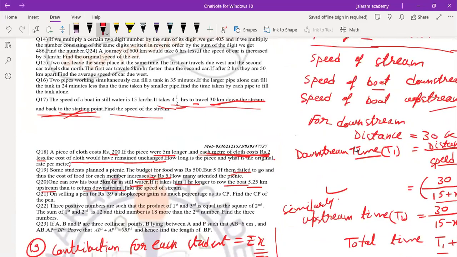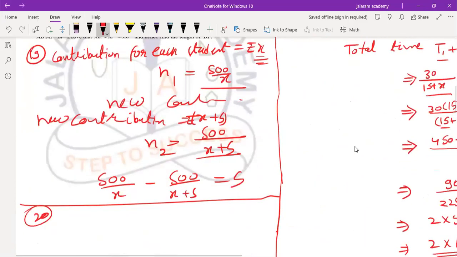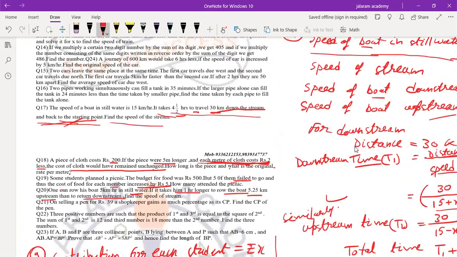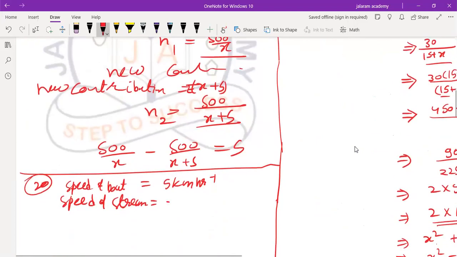The speed of boat is given 5 km per hour this time, and speed of stream is not given. So what is the speed of stream? We have to find the speed of stream. So if we assume that speed of stream is x kilometer per hour.